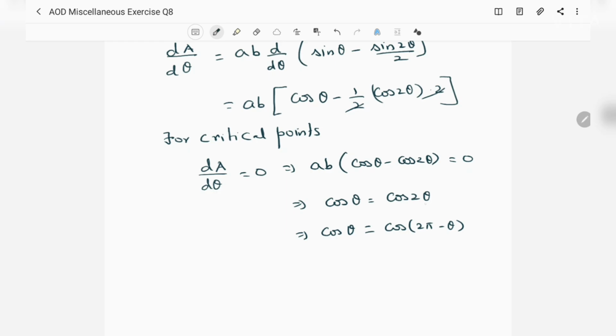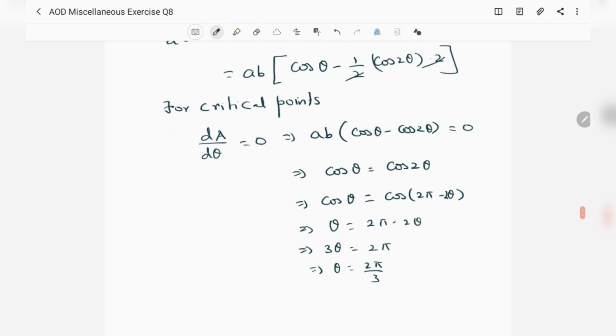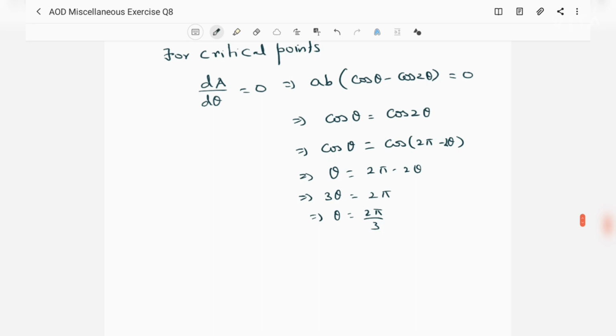Because theta cannot be equal to 2 theta, the only possibility is cos theta equal to cos of 2 pi minus 2 theta. So this implies theta equal to 2 pi minus 2 theta, or 3 theta equal to 2 pi, or theta equal to 2 pi by 3. So this becomes the critical point. So theta equal to 2 pi by 3 is the critical point.